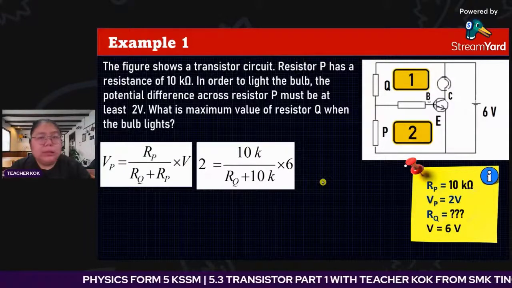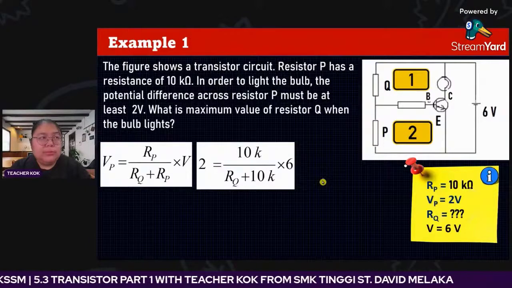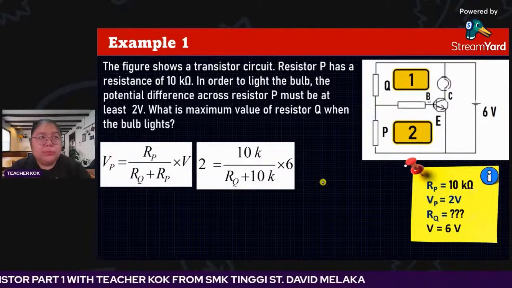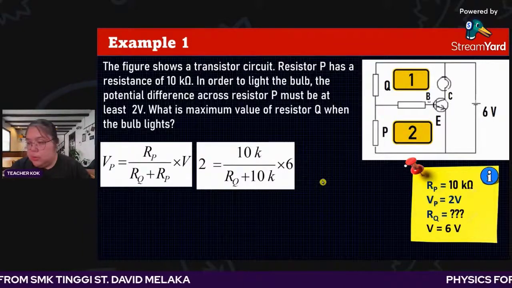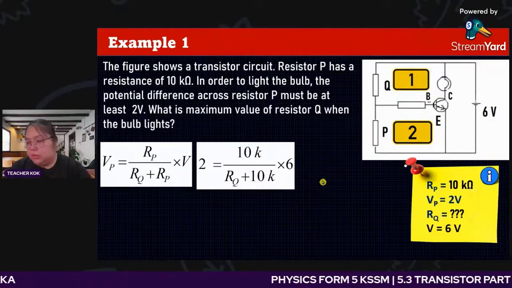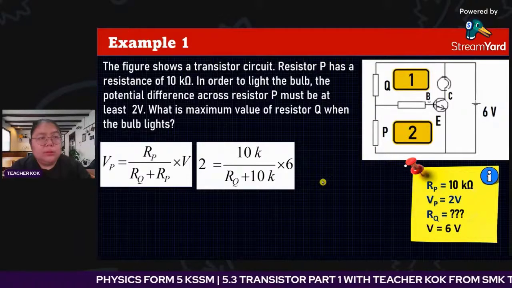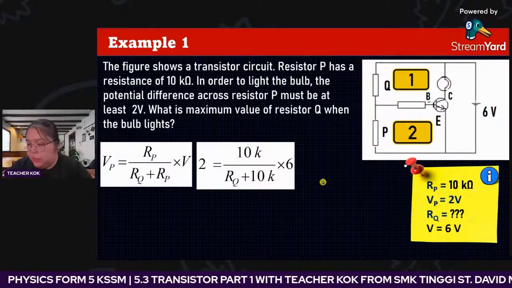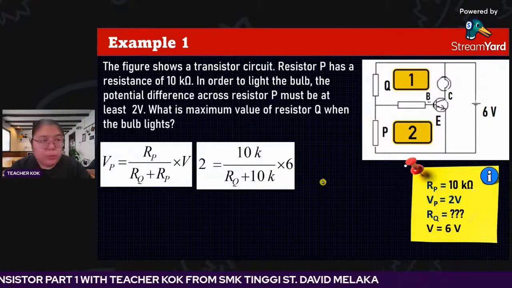Anybody? Dandridge, can or not? Jaya here or not? Okay, we're going to be sure. Ling Han gives me 20K ohm.